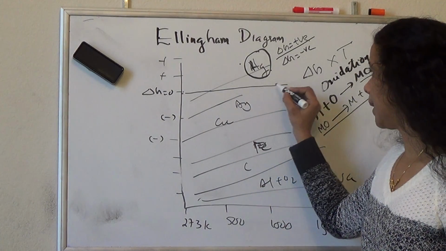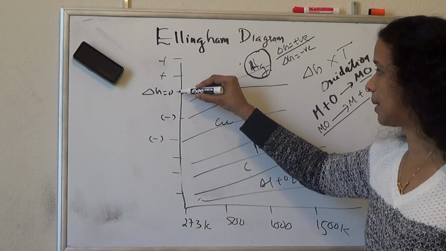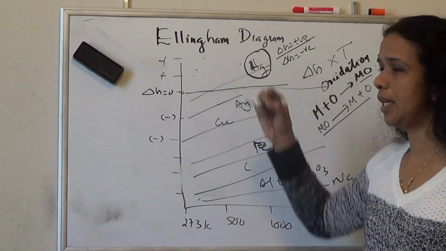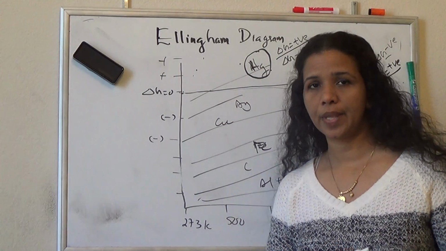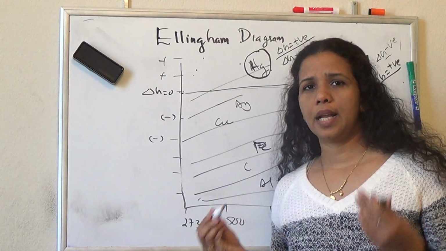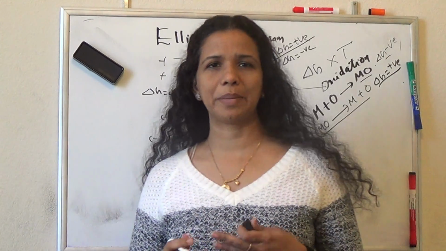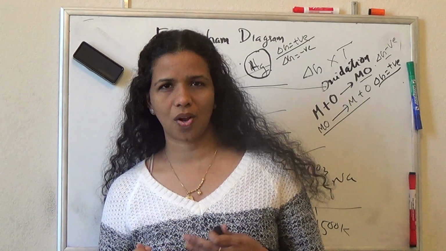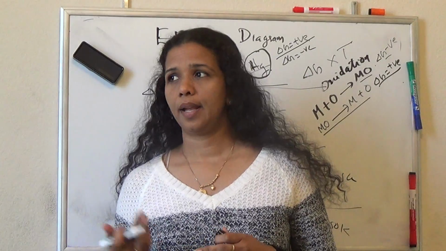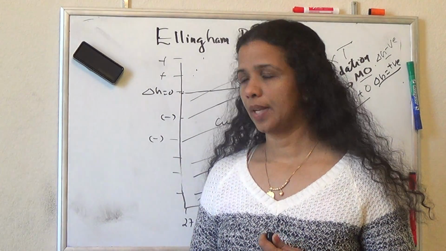So all those metals whose oxidation values lie above this line, that means if they have positive value for delta G, we can easily reduce them. That is only for less reactive metals like platinum, mercury, silver, copper, etc. Even for copper also we have to choose a higher temperature of 1200 degrees Celsius.